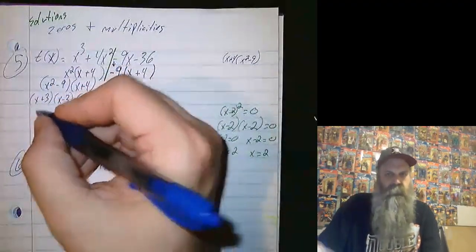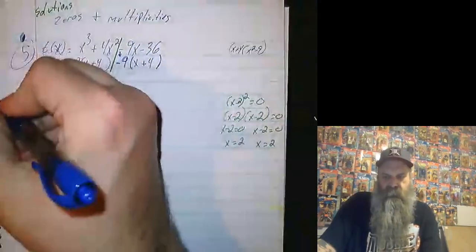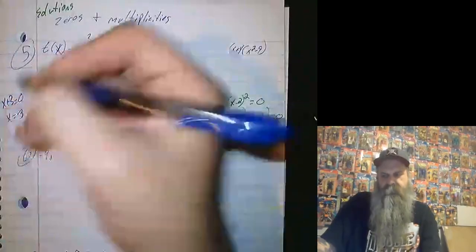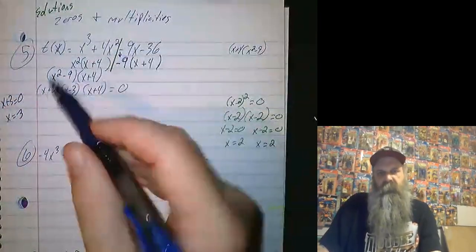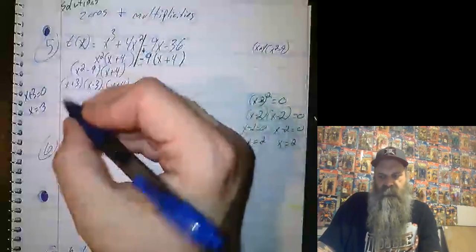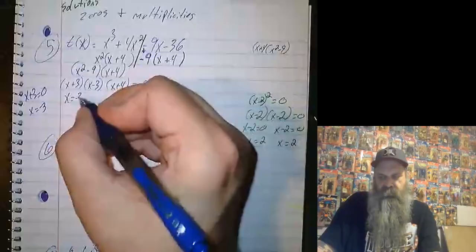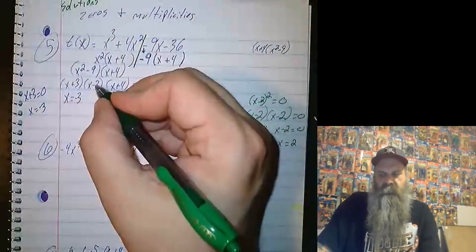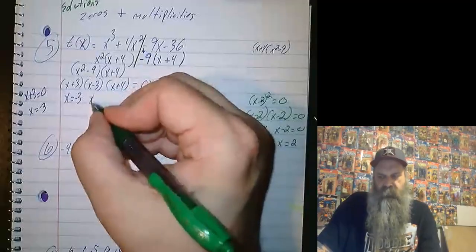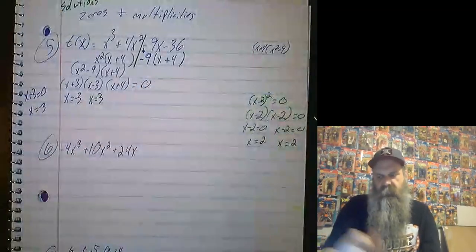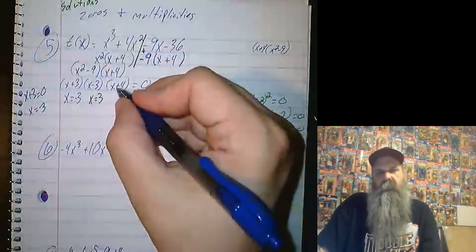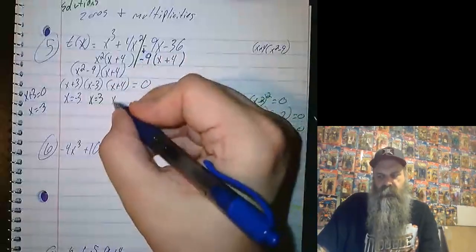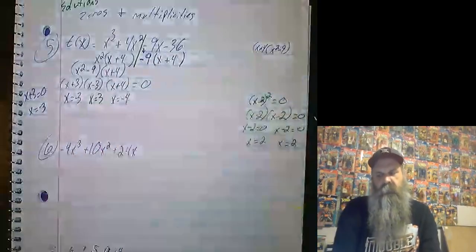So by now we probably don't need to write down x plus 3 equals 0 and subtract 3. If we have x plus 3 as a factor, then x equals negative 3. If x minus 3 is a factor, that solution is positive 3. And if x plus 4 is a factor, then the solution is x equals negative 4.